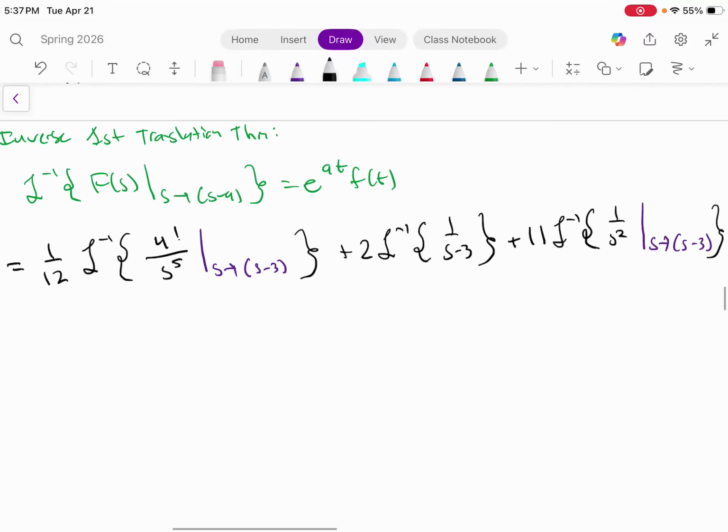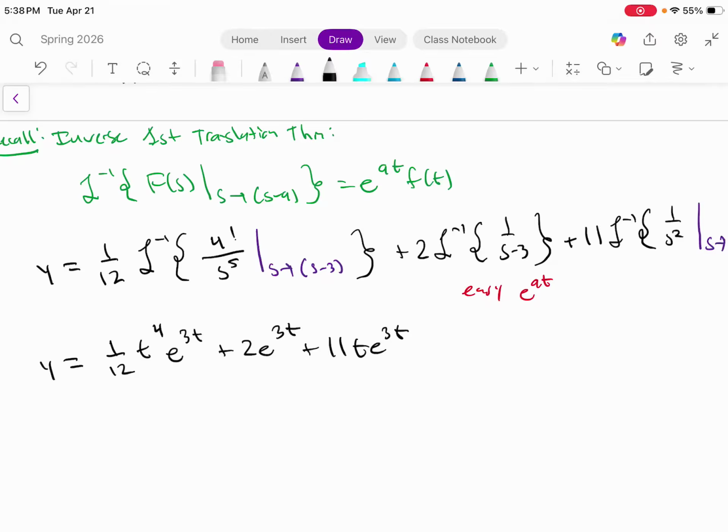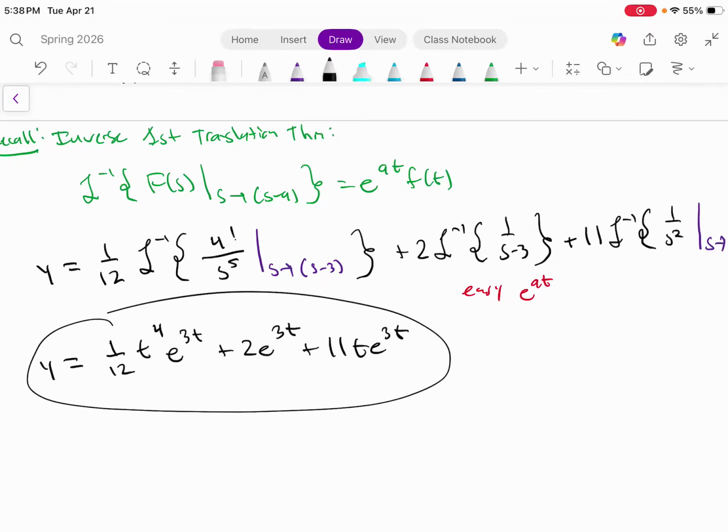Okay, so what does all this turn into? It turns into 1 over 12 t to the fourth e to the 3t plus 2e to the 3t, because this one is easy, just e to the at, and plus 11t e to the 3t. And that's our answer.